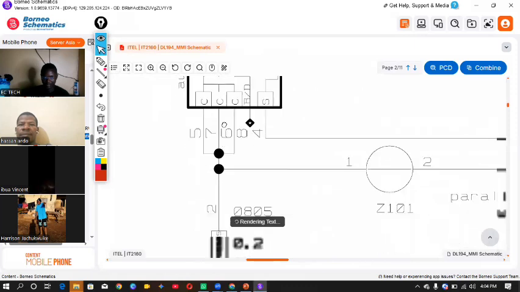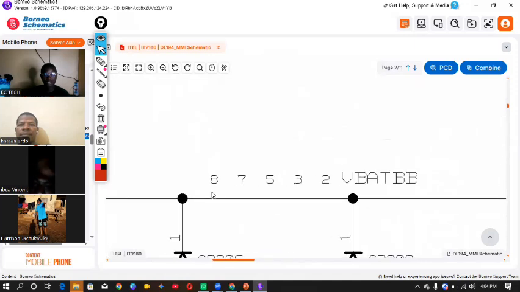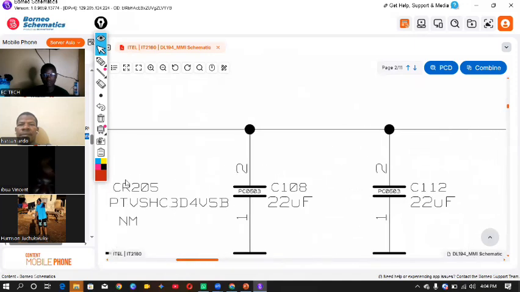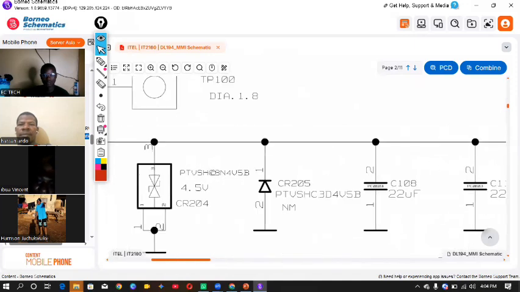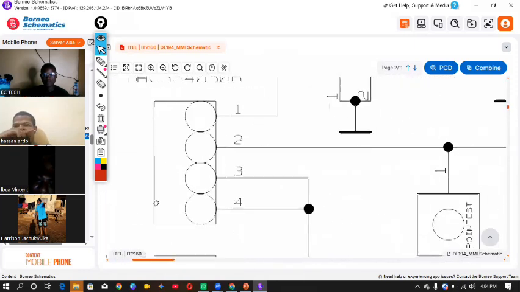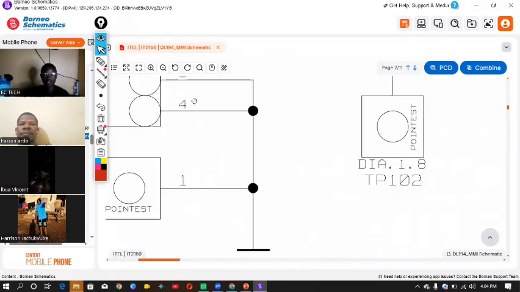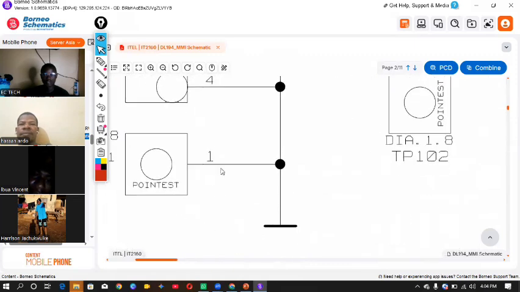VBAT. That's VBAT, which is our voltage that is going to the battery connector. So this is the battery connector, which is 4 pin. That's the ground, the negative.